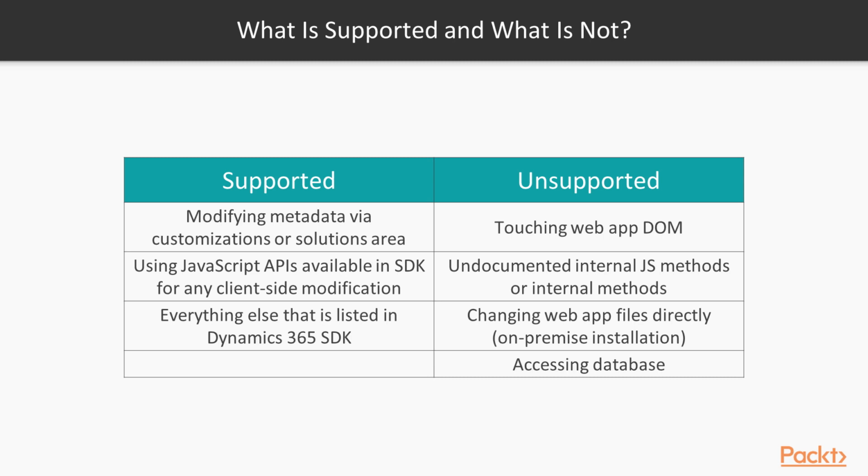But for an on-premise installation, you have to install a database, right? You have to have SQL Server installed. So any customization that you do via accessing the database is all unsupported. I think you have a fair understanding of supported and unsupported customizations, right? Let's move on to our next terminology.